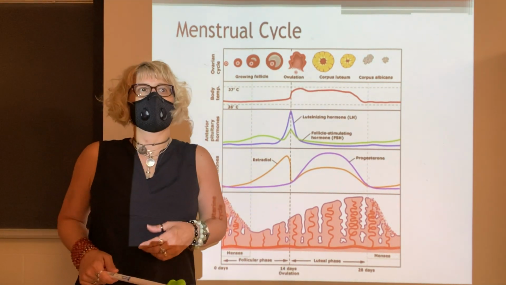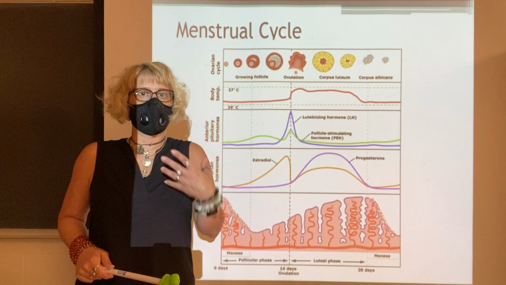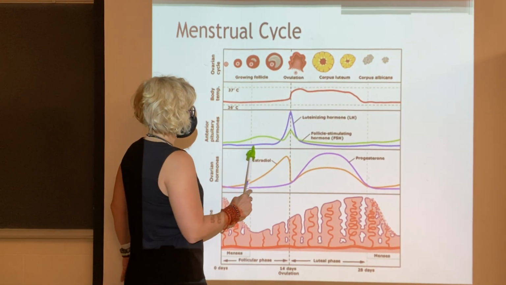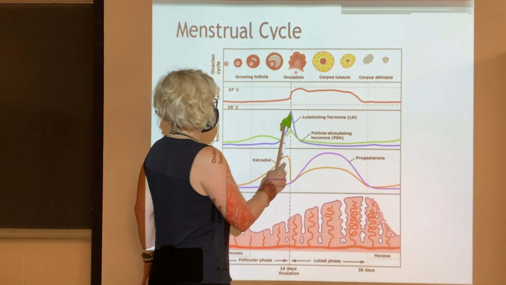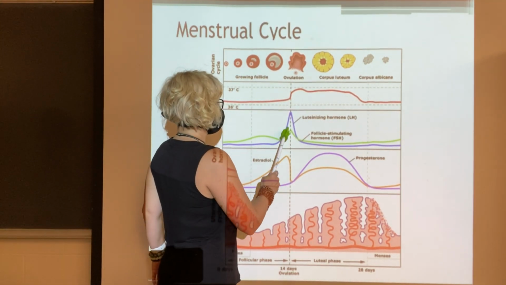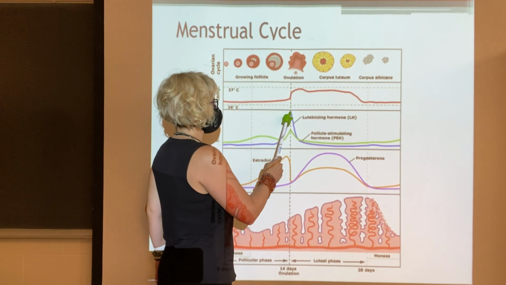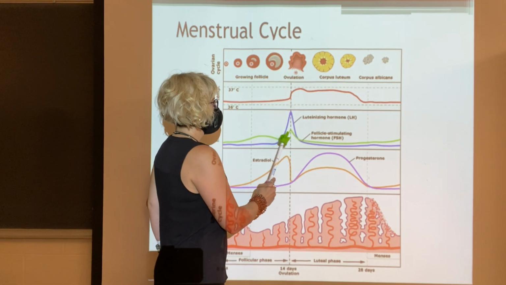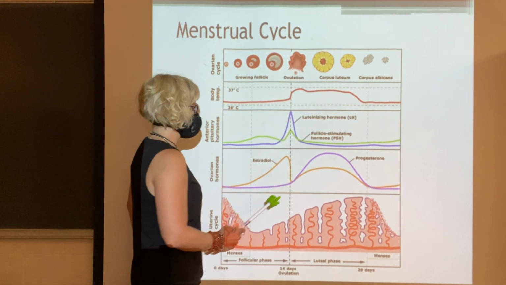Luteinizing hormone stimulates the production and increase in estrogen. So these 2 are slowly coming up, and on day 14, if you're like clockwork, the surge takes place. What surge? The surge of luteinizing hormone, much higher than follicle stimulating hormone, but both surge at day 14.